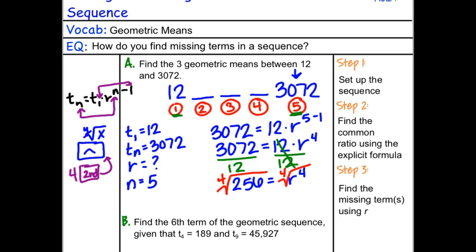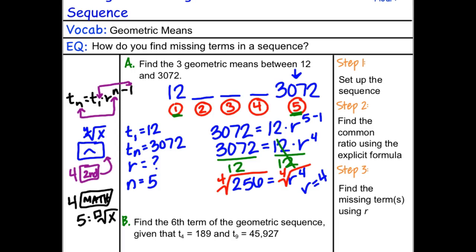Now, if you have a graphing calculator, you'll hit the 4, and then go to the math button, and then it's option 5. It'll have a little box with a root or a radical x. So when I do that, I end up getting that r equals 4, because 4 times 4 times 4 times 4 is 256.